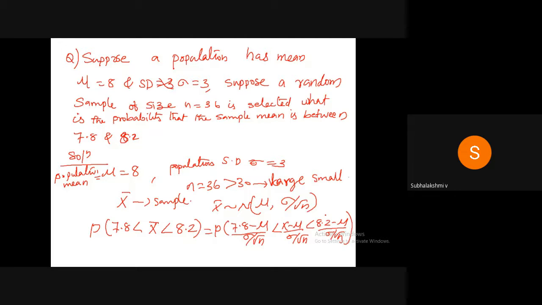Given that mu is 8, sigma is 3 and n equal to 36, this is the probability of (7.8 minus 8) divided by 3 by root 36, less than z less than (8.2 minus 8) divided by 3 by root 36.